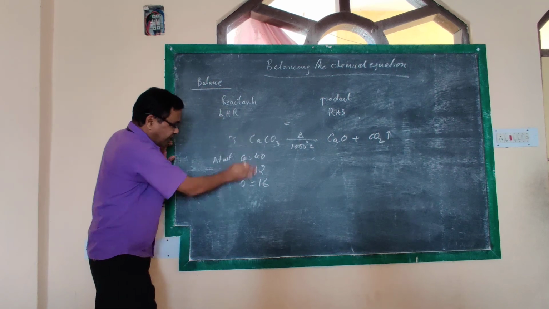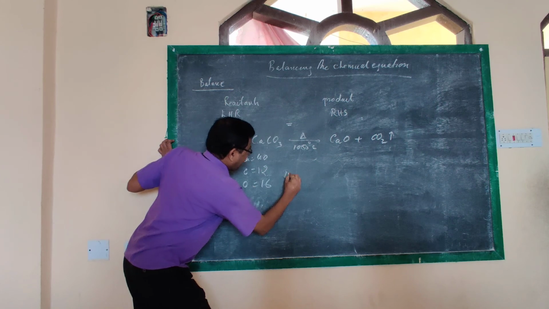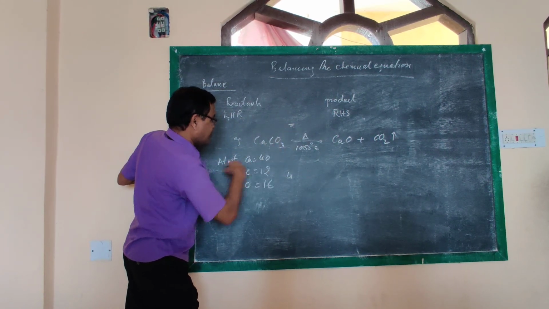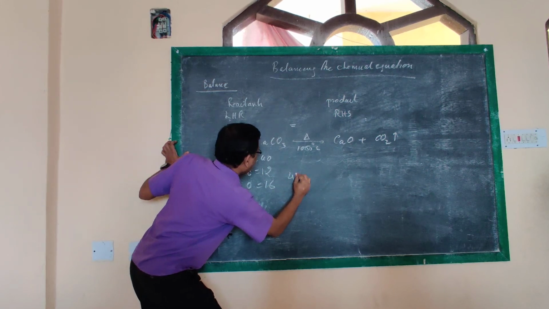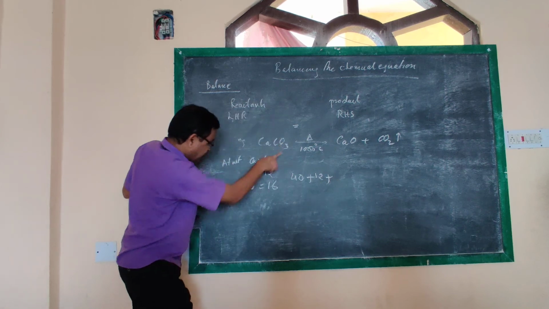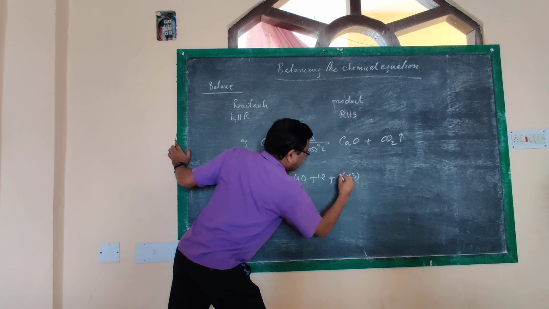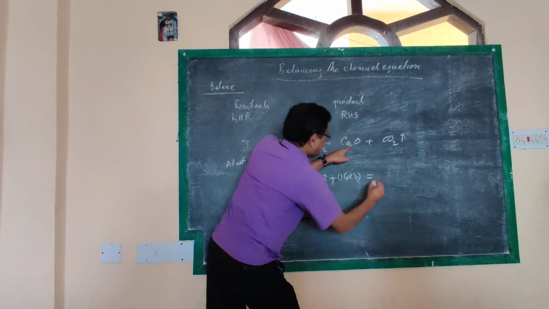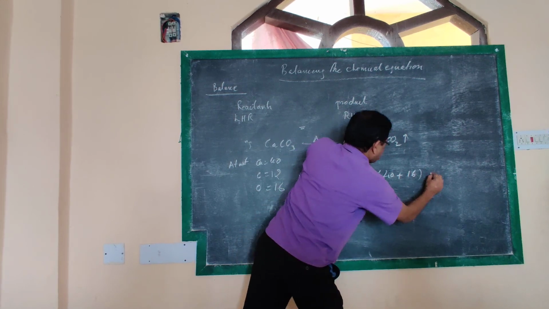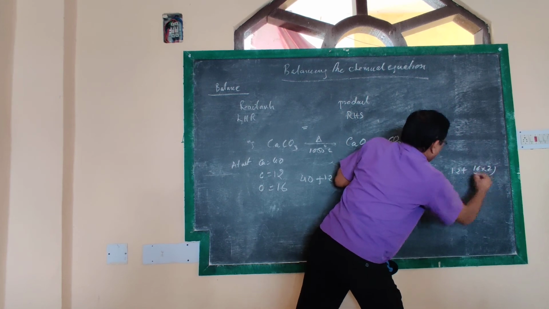Now I am just telling you how to calculate the molecular mass of a molecule, if you know the atomic weights. So how will you calculate? Calcium is 40, and here we do not need to balance the chemical equation. So it is 40 plus carbon 12 plus oxygen 16, with 3 atoms of oxygen, that is 16 into 3, is equal to calcium oxide, which is 40 plus 16, plus carbon 12 plus oxygen 16 into 2.